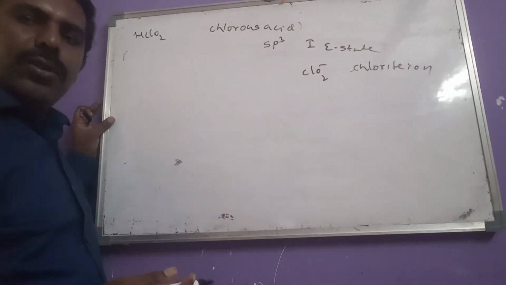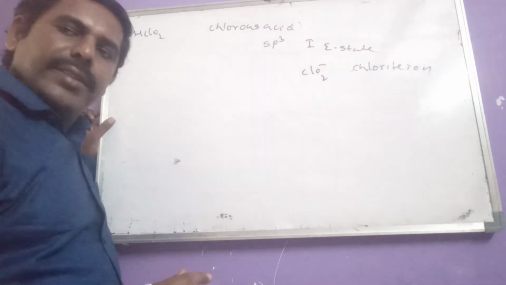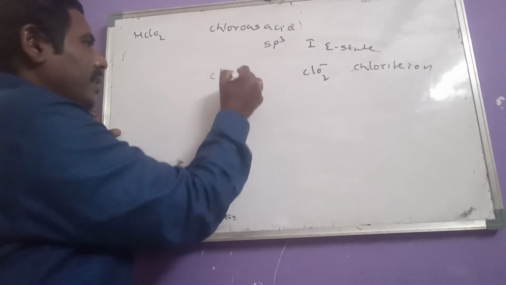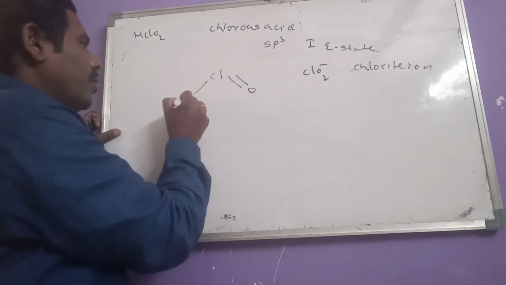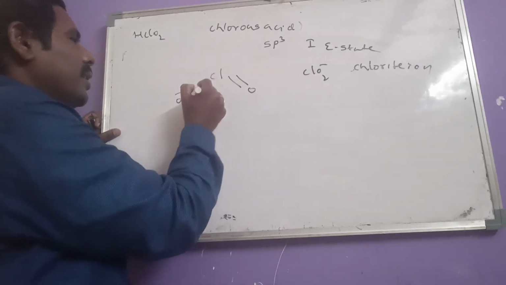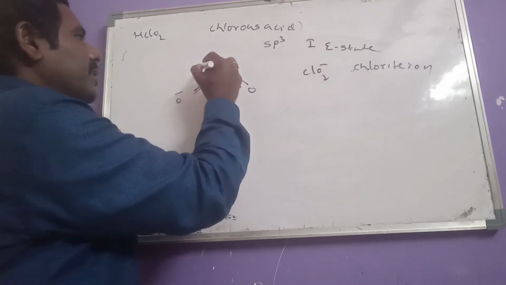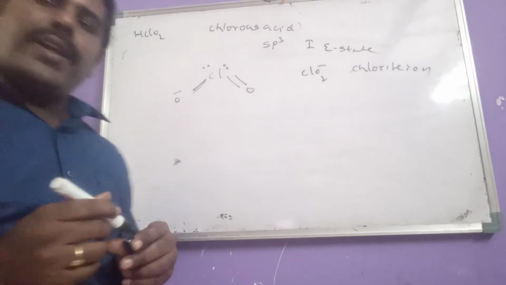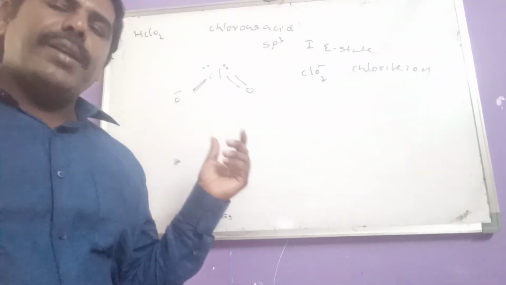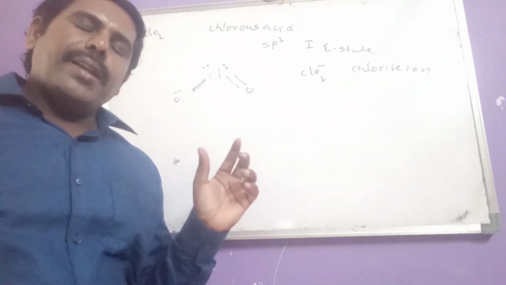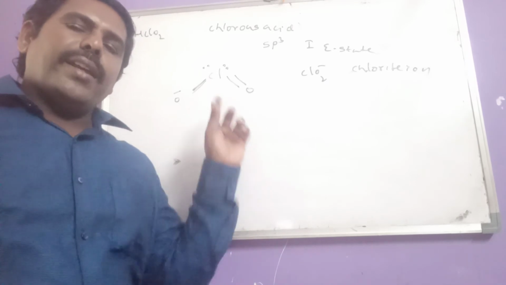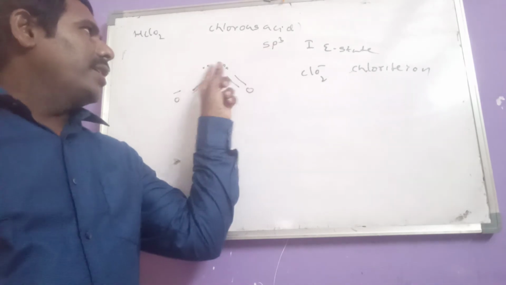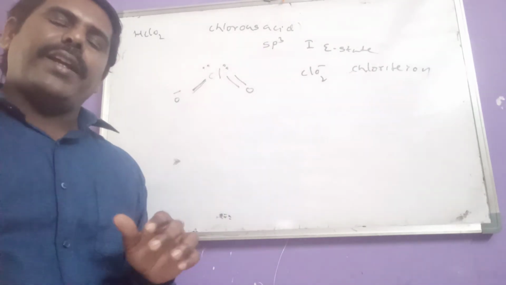Its structure we can draw like this: Cl double bond O and O minus. In the first excited state, chlorine has 2 lone pairs of electrons, similar to H2O.